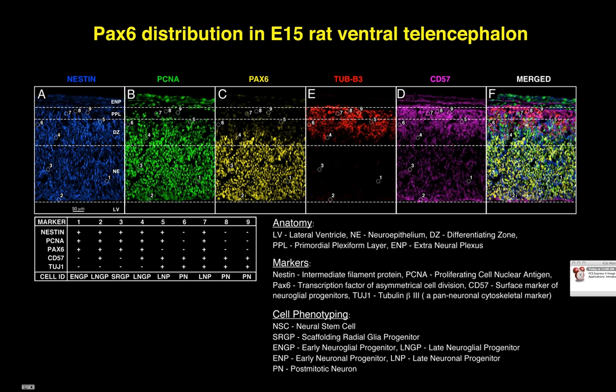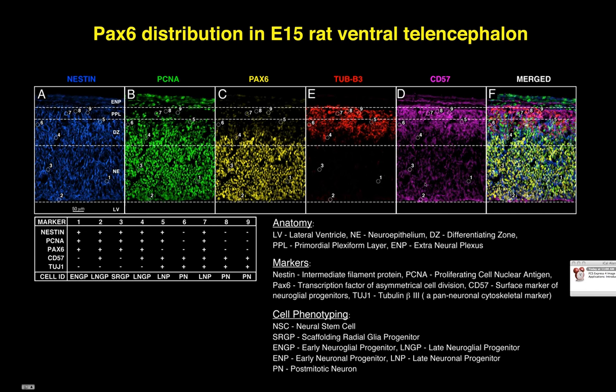However, doing this manually and by hand, or using some simple algorithms to identify these cells, is just not going to cut it because of the complexity and the sheer number of cells that need to be quantified.